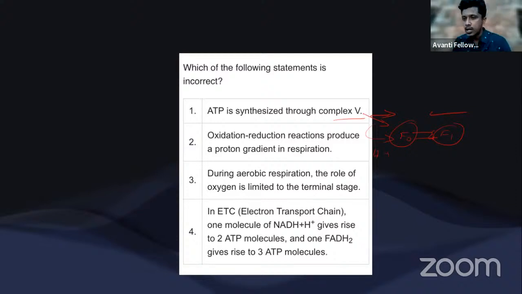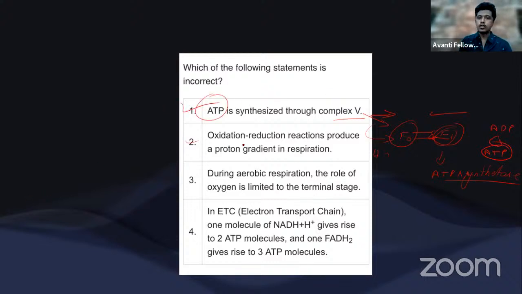As they pass, they go to F1, and F1 has ATP synthetase. So what does ATP synthetase do? It converts ADP into ATP, thereby producing ATP. So this option is absolutely right.